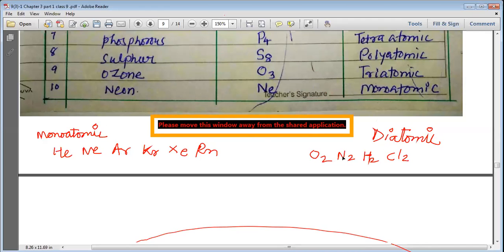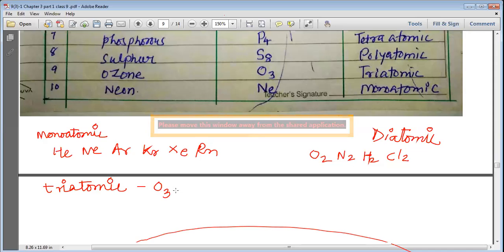They have 2 atoms. If you look for triatomic, then you have the example of ozone. Ozone is triatomic.